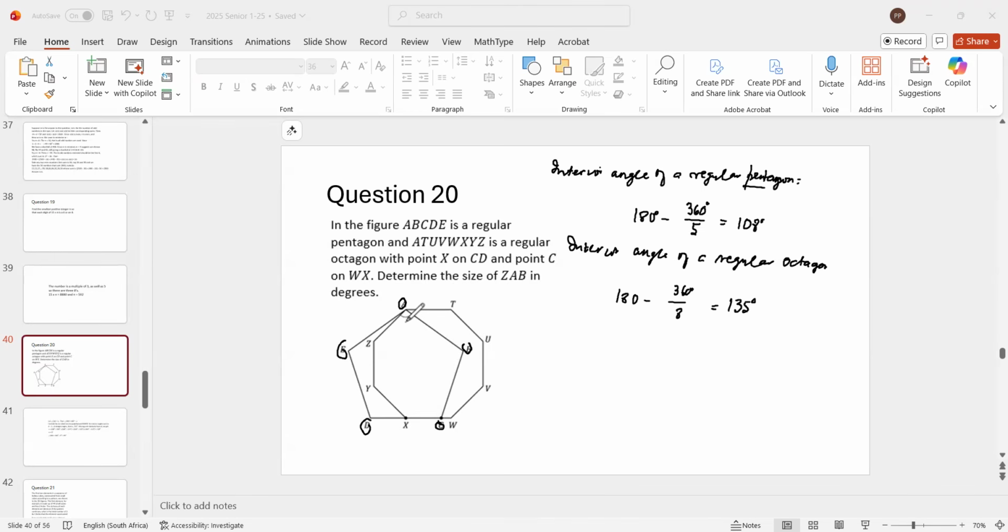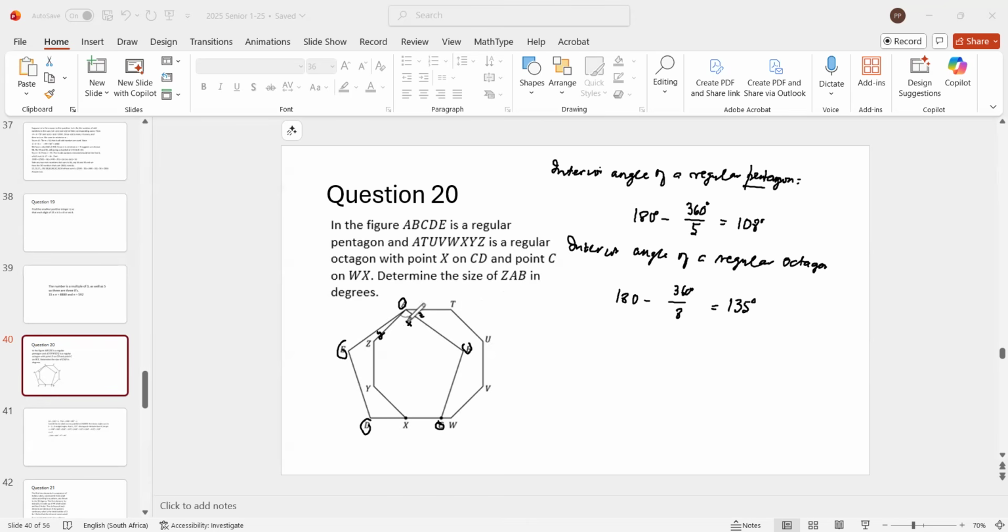Let's call this X. What I'm going to do is to calculate this. I know the interior angles of the pentagon and the octagon. This part here from here to here is an interior angle of the pentagon. So let's call this small angle Y. Call the small angle Z. X is your unknown.